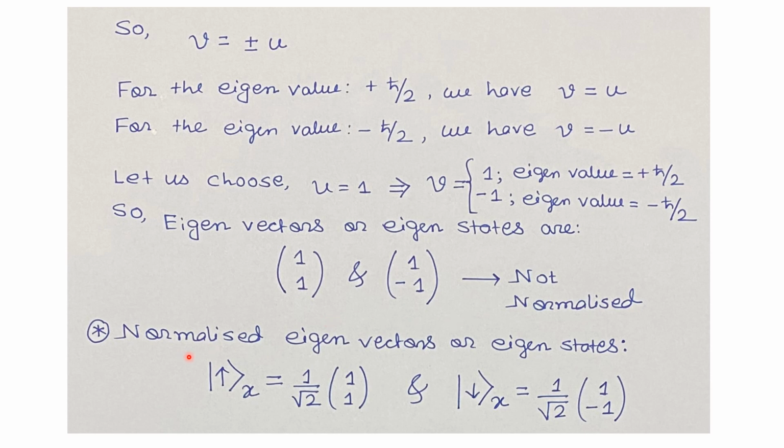So in the normalized form, the eigenstates for the spin operator Sx cap will be the up spin, that is 1 by root 2 times the column matrix (1, 1), and the down spin, that is 1 by root 2 times the matrix (1, minus 1).